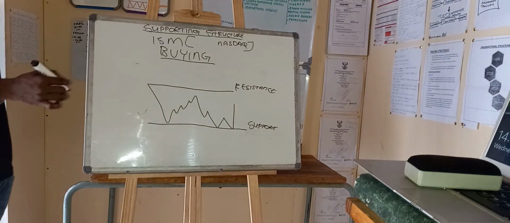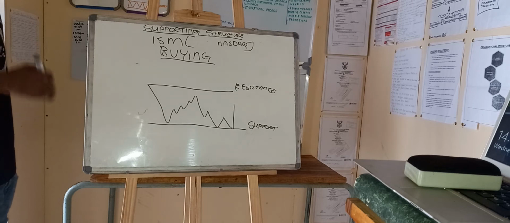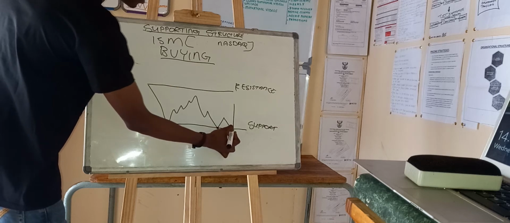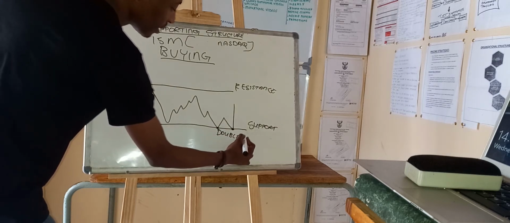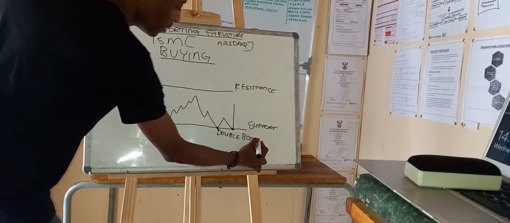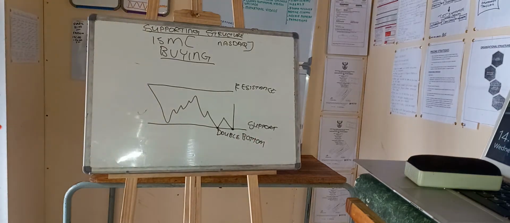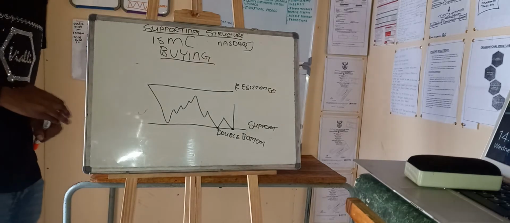You must look for a double bottom on Nasdaq, US30 or SPX 500, right? At least there must be a double bottom to confirm that the market is going to buy. Okay? Look for a double bottom on a 15-minute time frame.